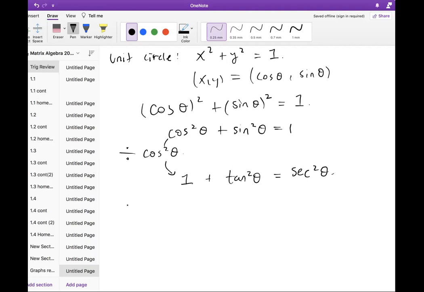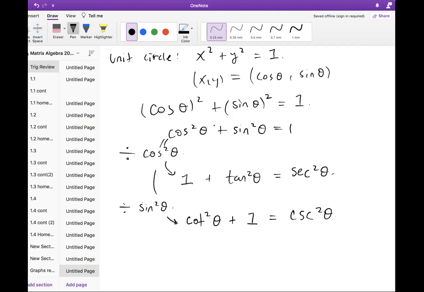Now we do the same thing, but divide everything by sine squared. So cosine squared divided by sine squared, that's cotangent squared. Sine squared divided by sine squared is 1. And 1 divided by sine squared is cosecant squared.